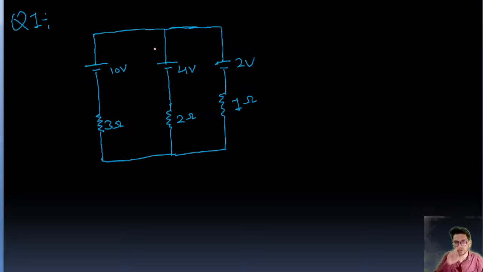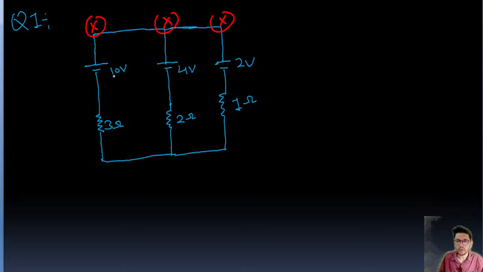So how are we going to make that voltage equal? Suppose the voltage here is x, and here also x, and at this point also x. So the voltage will be the same at these 3 points.